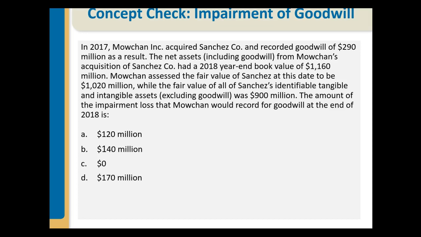In 2017, Mochan acquired Sanchez and recorded goodwill of $290 million as a result. The net assets, including goodwill from Mochan's acquisition of Sanchez Company, had a 2018 year-end book value of $1,160 million.